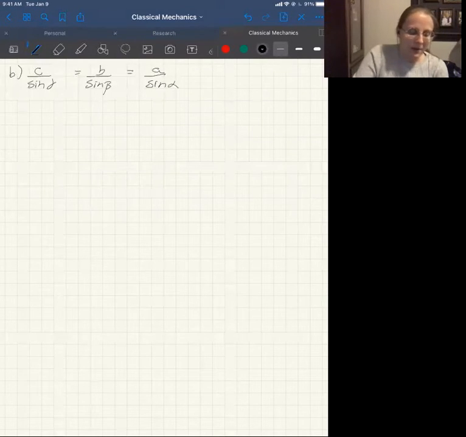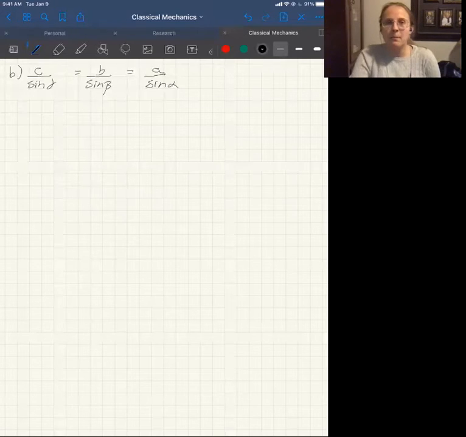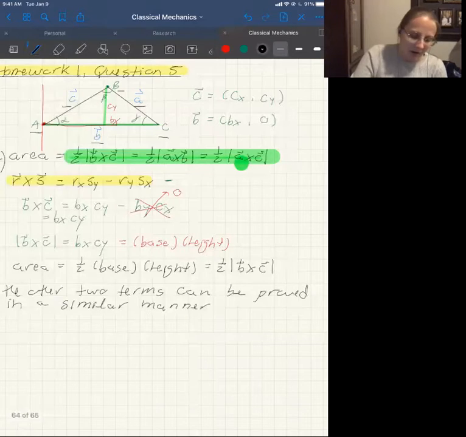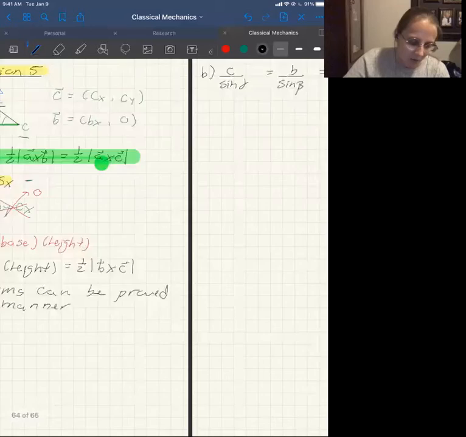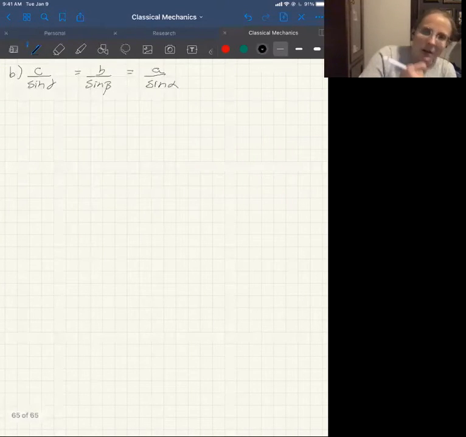Note that C, B, and A without the vector sign over them mean the magnitudes of vectors C, B, and A. And gamma, beta, and alpha are defined on this diagram over here, which is the same as the one in your textbook. So we want to prove this equation starting from that equation in part A, dealing with the cross products.